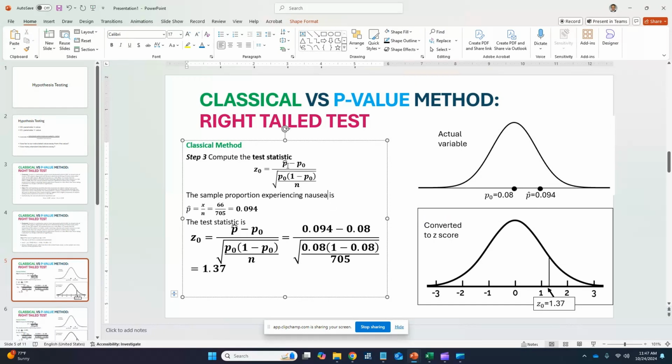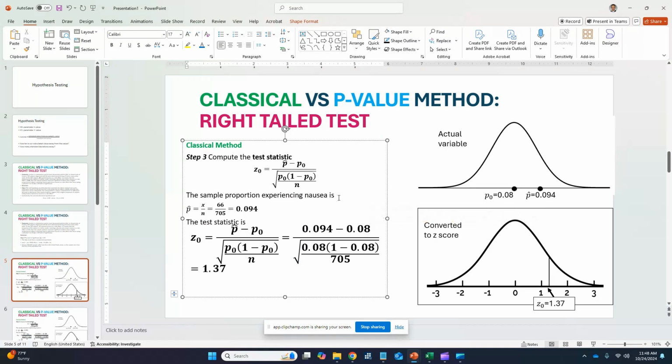The calculated proportion from our sample is p hat, which is 66 out of 705 people, equals 0.094. So 0.094 is the value we received from our sample, and 0.08 is the value we received from the placebo group, or we hypothesize that this is the expected value of the parameter p.